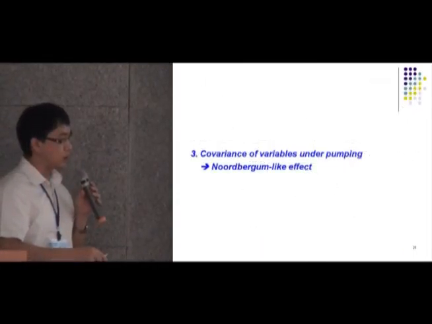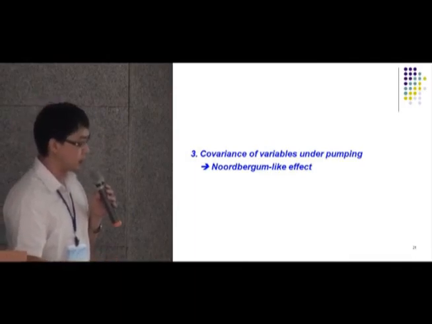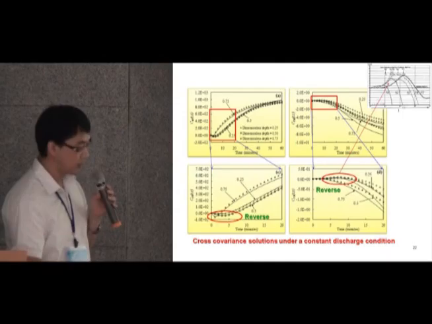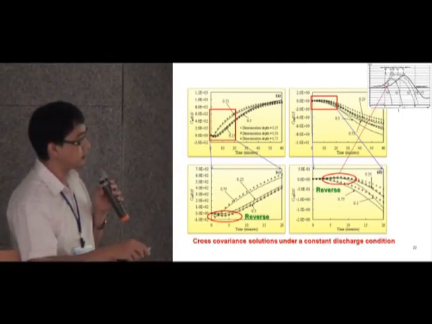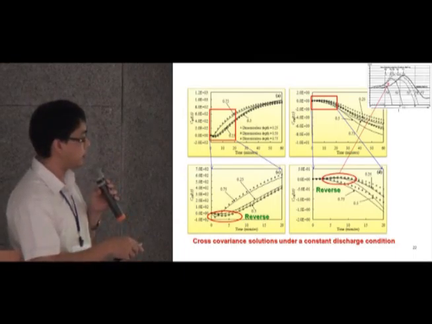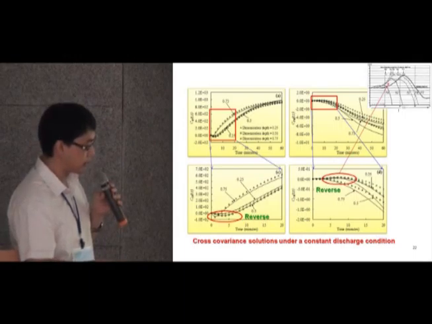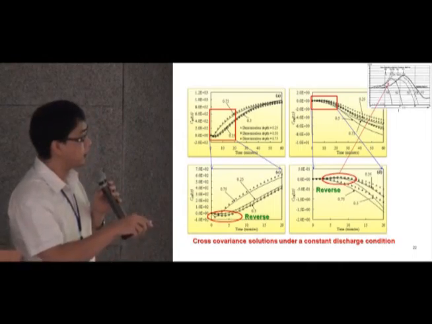And then we see the covariance of the variables under pumping condition. We call it a non-Darcian-like effect. This is for the CYP versus time, and this is for CPW versus time. We can see that at the initial period, we have a negative value, and then it goes back to a positive value and reaches the stable condition.